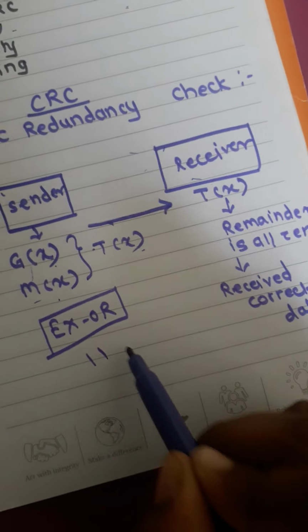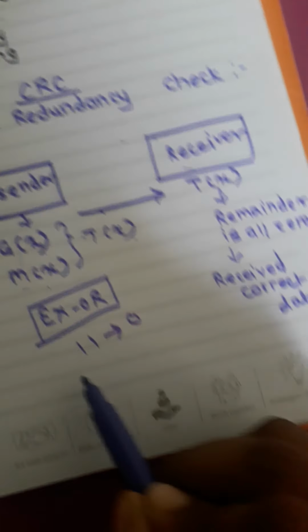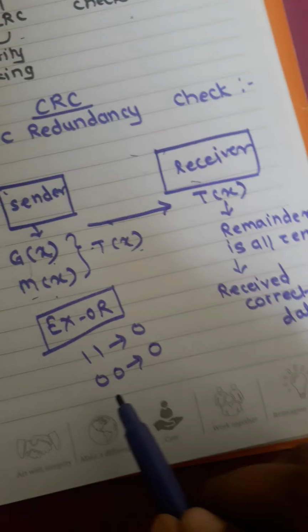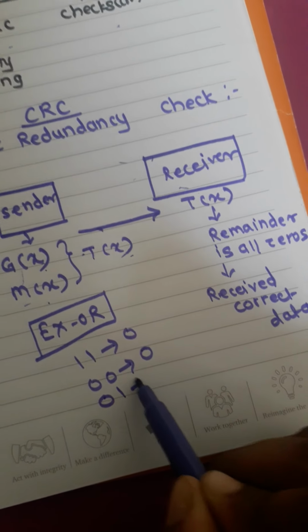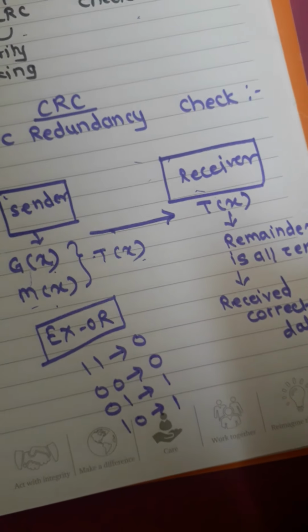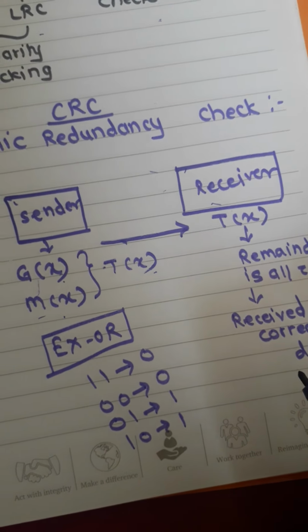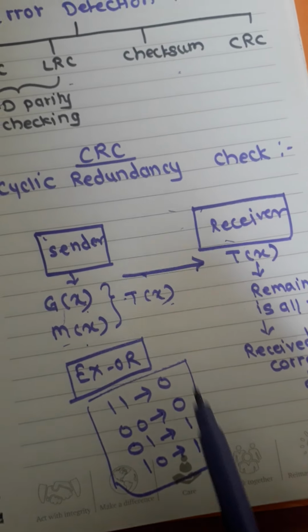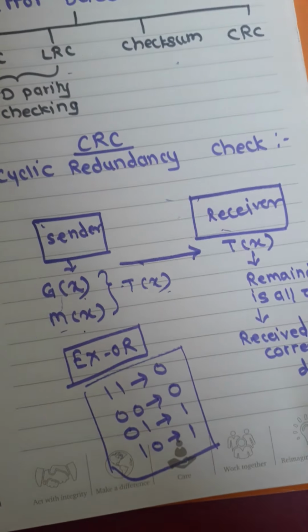If the inputs are 1 and 1, the output will be 0. If both inputs are 0, the output is also 0. If only one of the inputs is high, the output is 1. This is what the XOR operation is, right? So we are going to use this XOR operation for calculating this T of x.